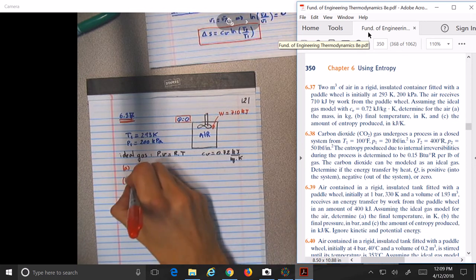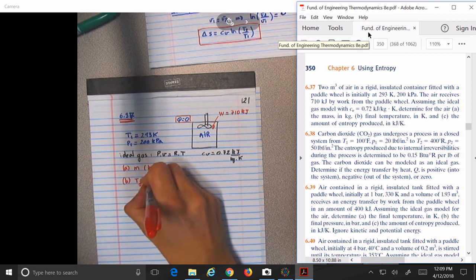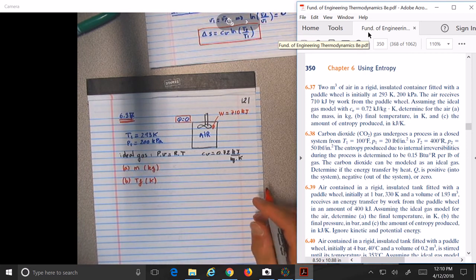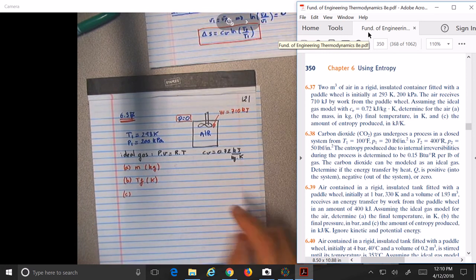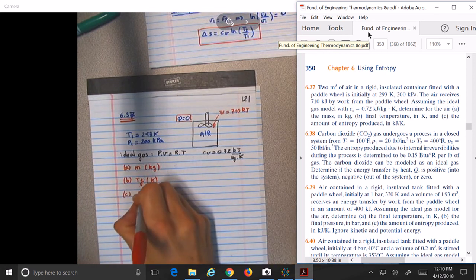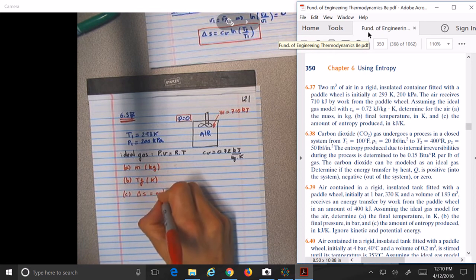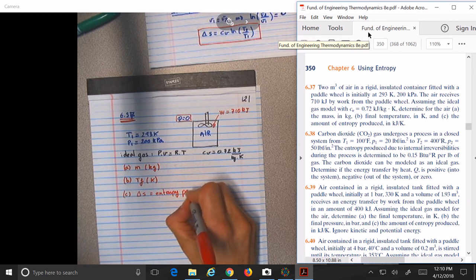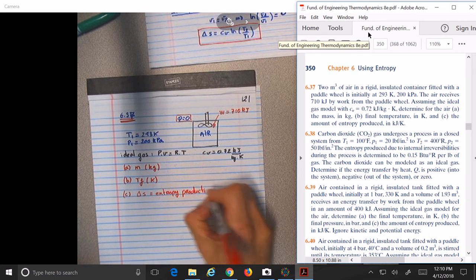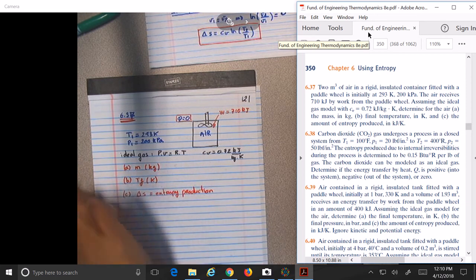So the final temperature in Kelvin, and C, the entropy production.